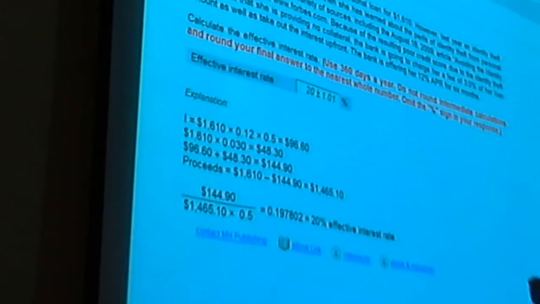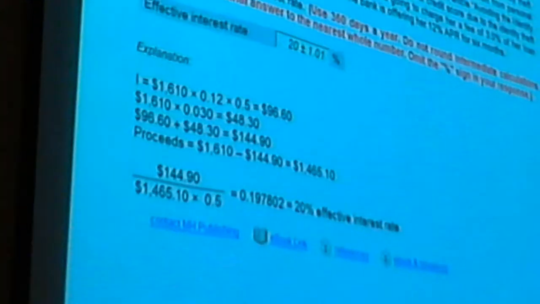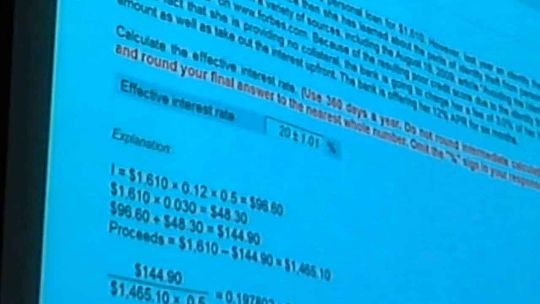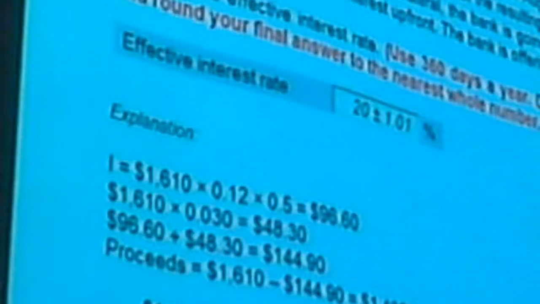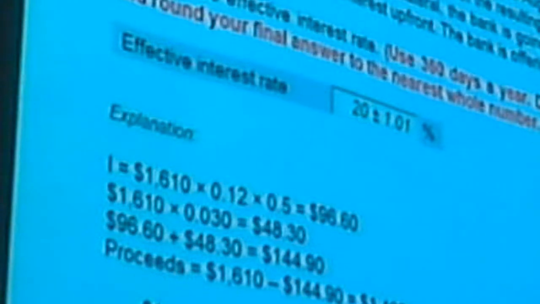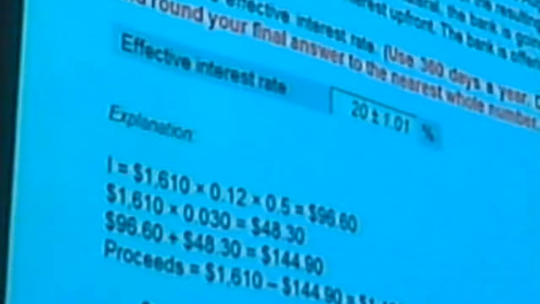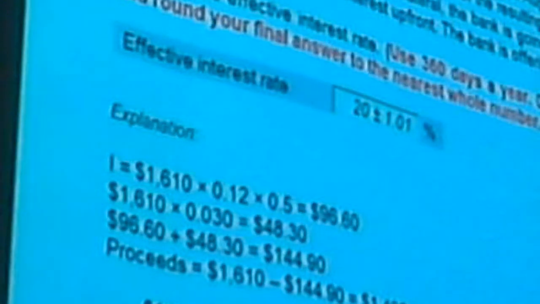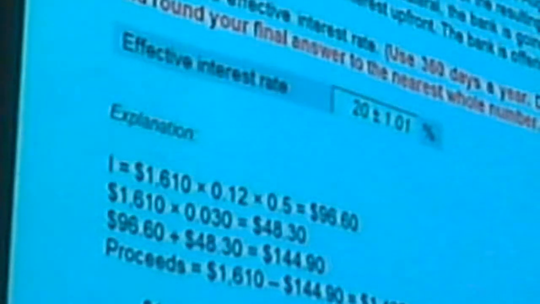The effective interest rate. Why is it called effective again? Why not just rate? Come on, it hasn't been that long. It's because it's deducting interest, taking it out before or after.